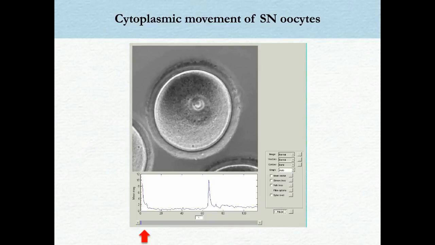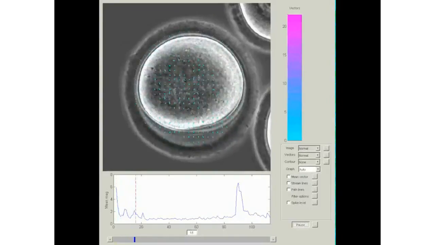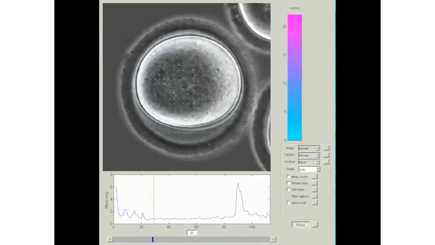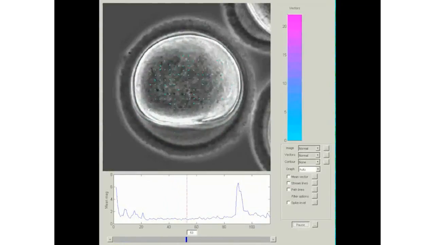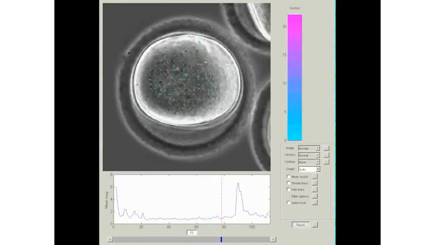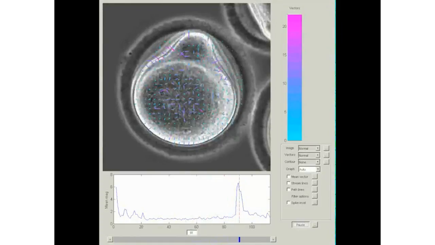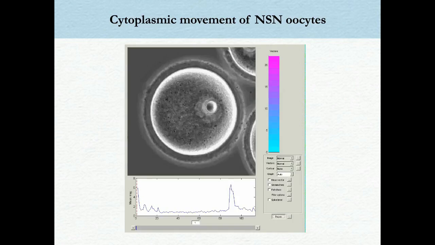The latter is a sign of meiosis resumption. When compared to SN oocytes, what strikes is the late extrusion of the first polar body.